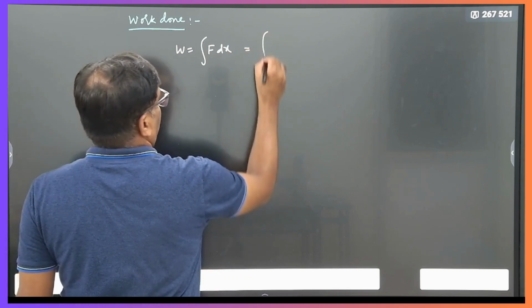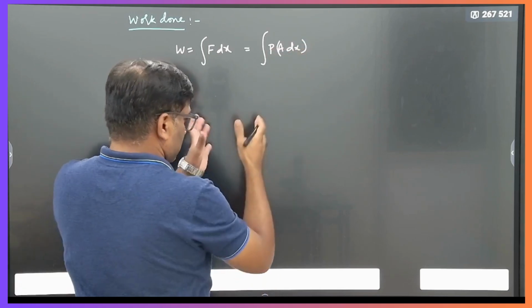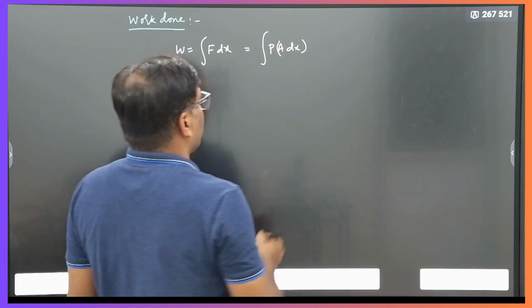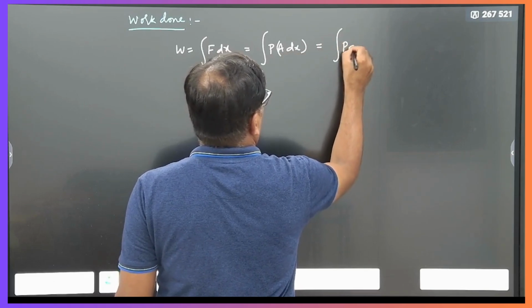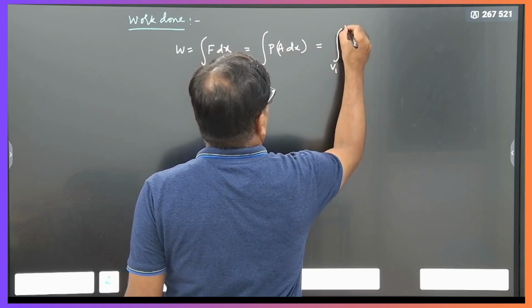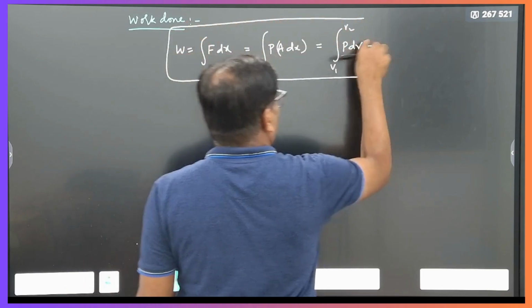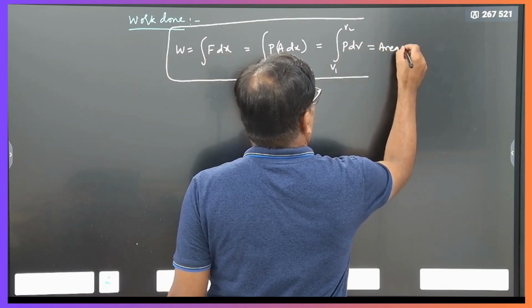So you can rewrite it as pressure into area into dx. In our system we do not have change in area, only change in displacement, so we can write P into dV, from V1 to V2. Clear?